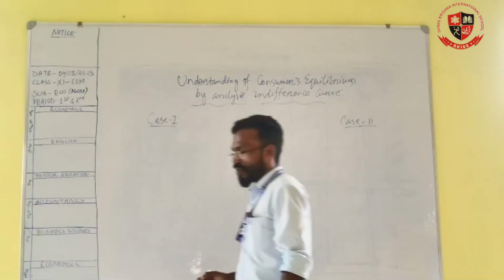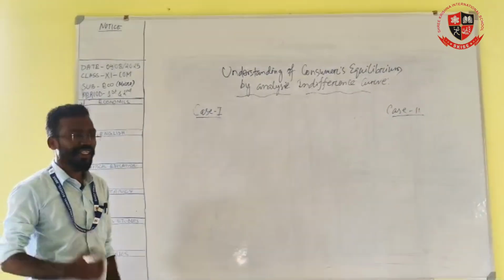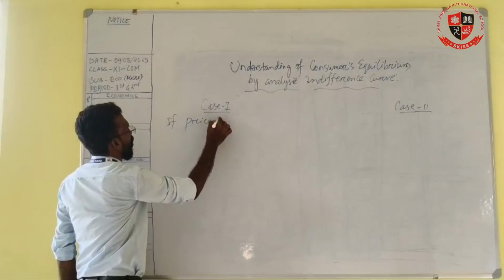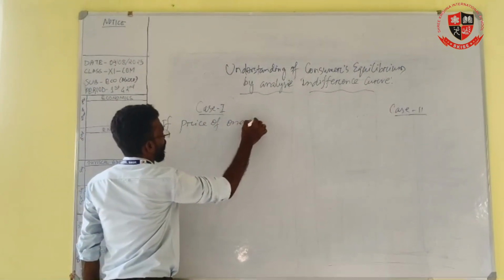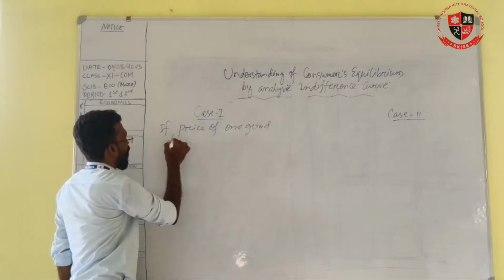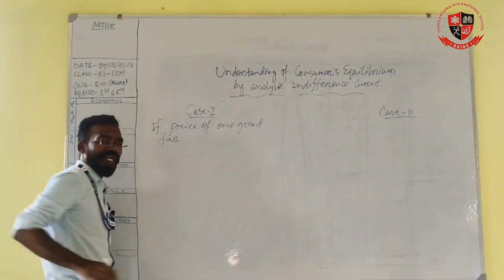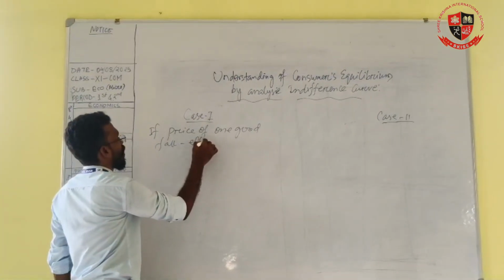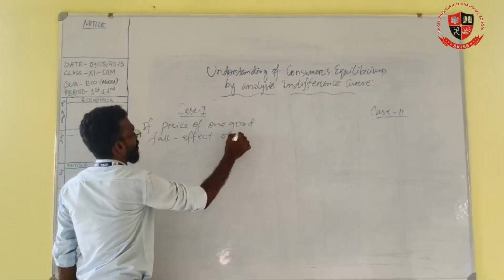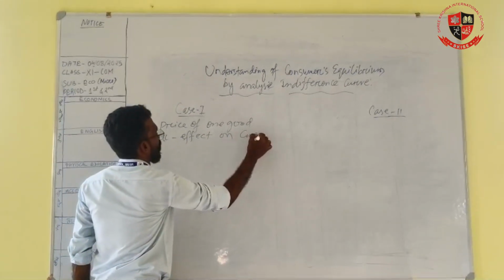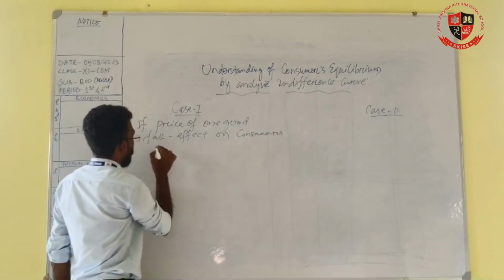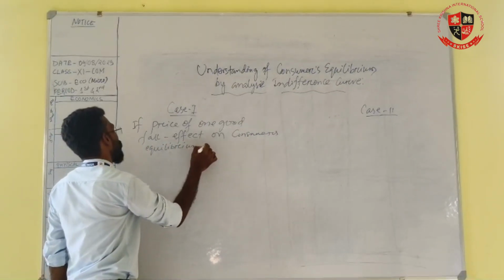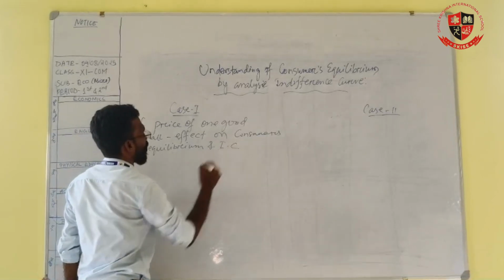Okay. So under case 1 you will analyze if one good's price falls, then what is the impact or effect on consumer equilibrium and indifference curve.